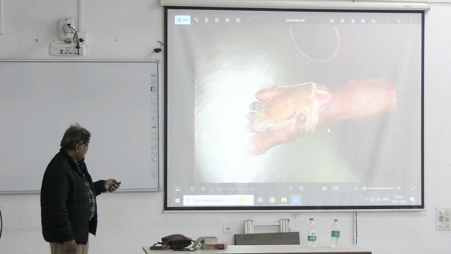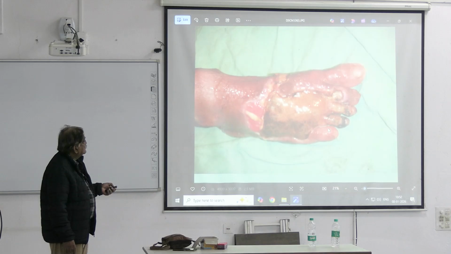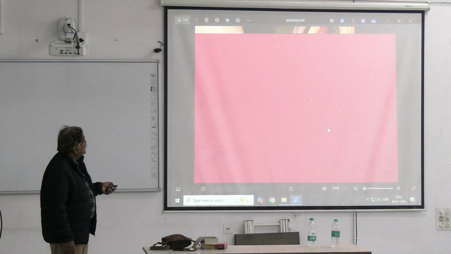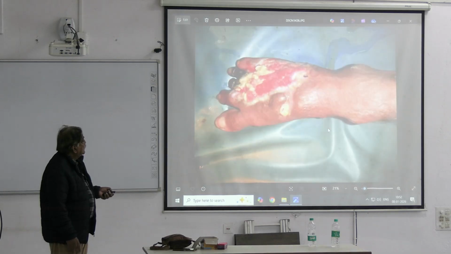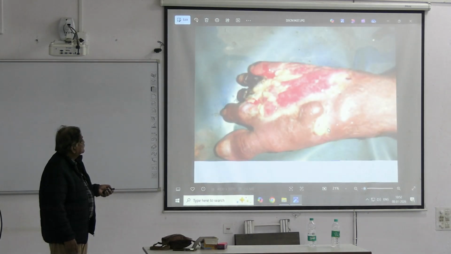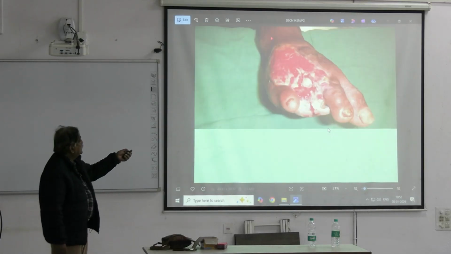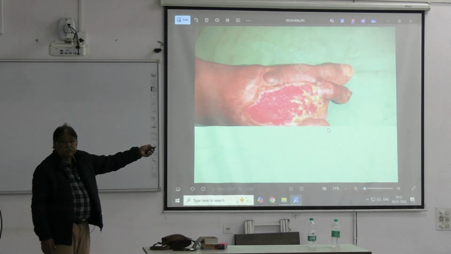Next. See here. Next. See the tendons here. Next. That scab is removed. See. Next. See the autoamputation.